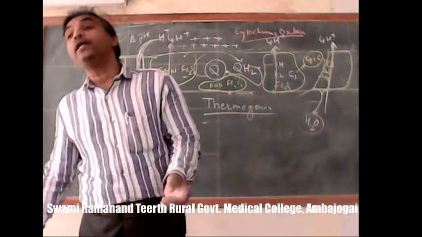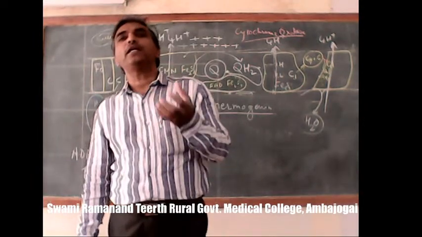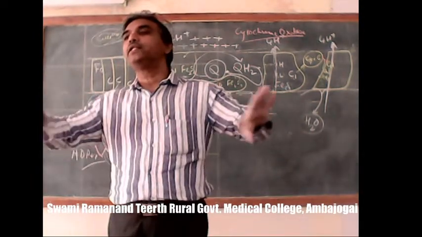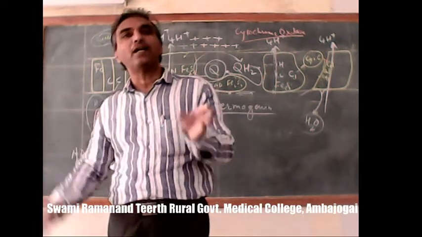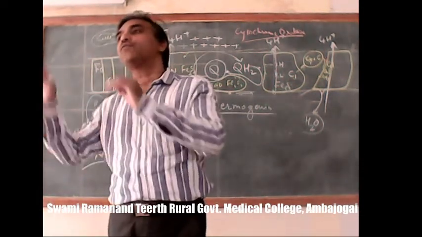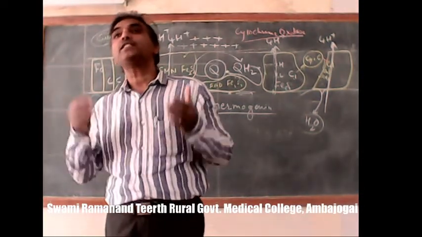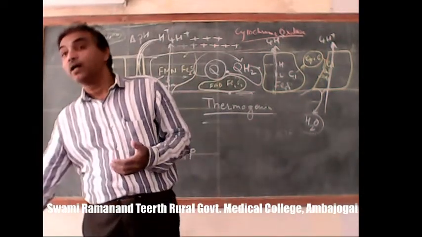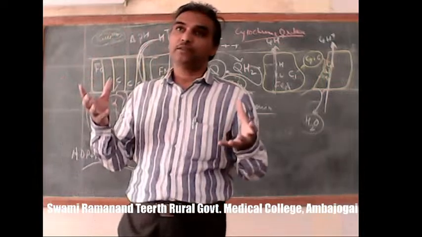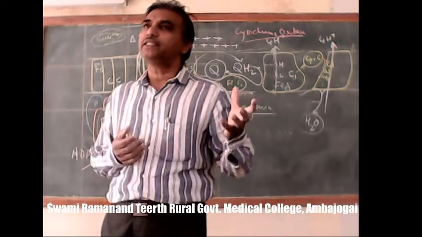Only when some chemicals or physiological uncouplers are there, then and only then are these two things going independently, or you can say that oxidation is going on without phosphorylation. There is no phosphorylation. So this is uncoupling. Apart from uncoupling, there are some inhibitors which inhibit oxidative phosphorylation, the process itself.